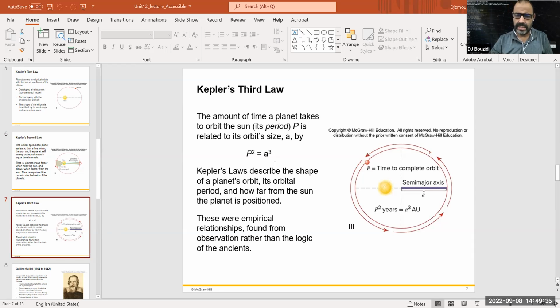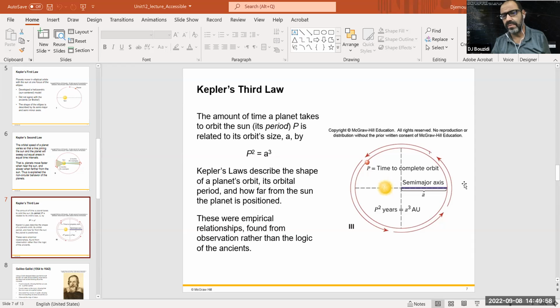In this case, the third law is you take P in years, the time it takes for the planet to go once around its orbit. If you start counting from January, wait until January of next year, basically. That's what P is. Full year for Earth, full year for Venus, but Venus's year, not Earth's year.